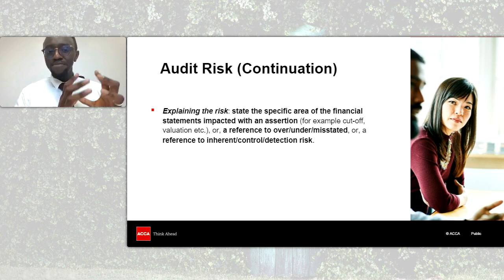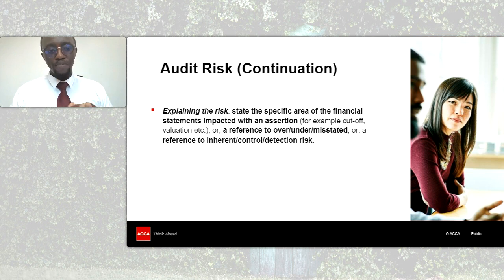And when you're specifying misstated, please, it has to be crystal clear that it could be either under or over. But if we see that it's a possibility, it's an overstatement of the receivable, for instance, and you write misstatement, we will not award you a mark. Now don't give up, we're still going on.